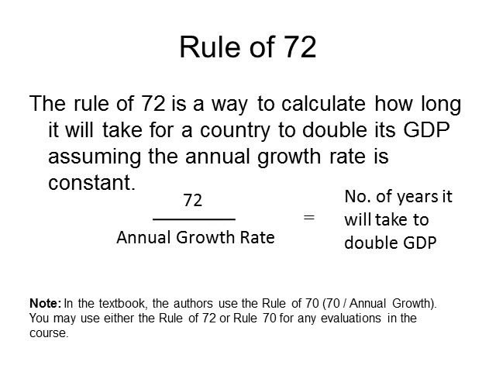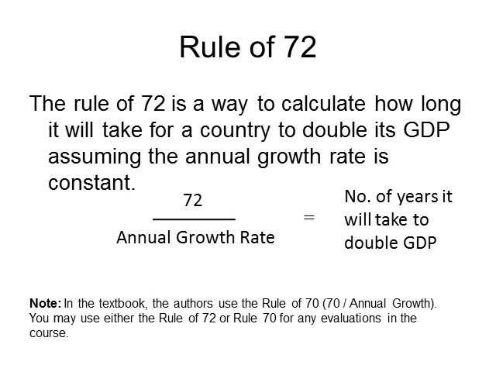The one that we're going to use is the rule of 72. As you may note, if you've read through the textbook, you will notice that the authors use the rule of 70. The calculation is pretty much the same. The only real difference is the number that is in the numerator. So we're going to take a look at the rule of 72.